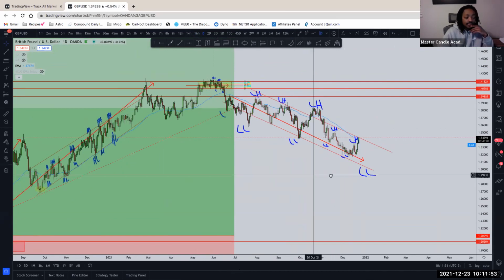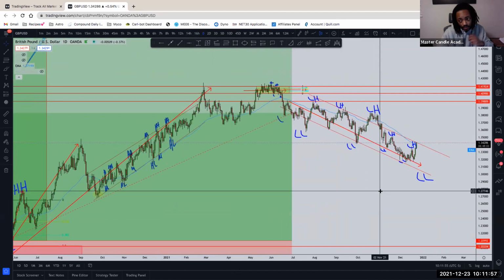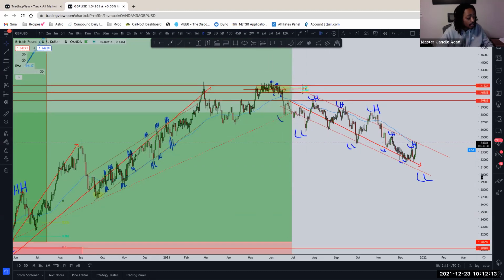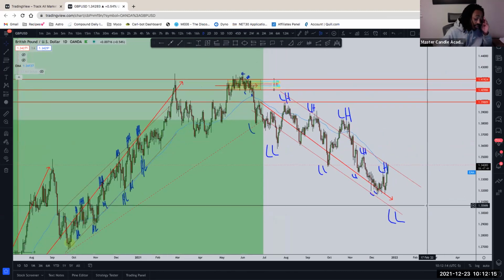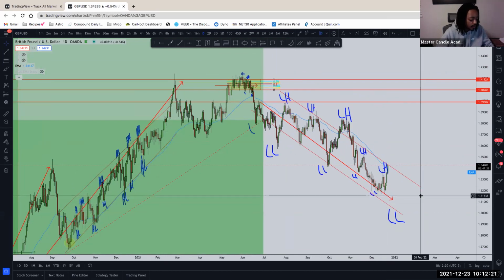Right, day 1, we were identifying market structure, identifying higher highs, higher lows, lower highs, and lower lows. So pretty much just understanding how to identify a trend, how to find an uptrend, how to find a downtrend. We also talked about consolidation, aka ranging markets, how to identify ranging markets, how to trade ranging markets. All right, that's all stuff that we covered in day 1.